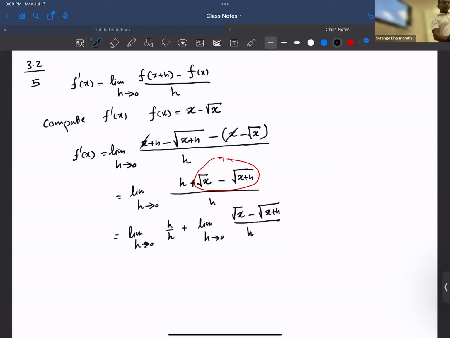So this first part is h over h, which is just 1. Are you with me? 1.